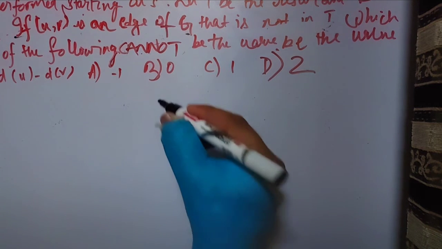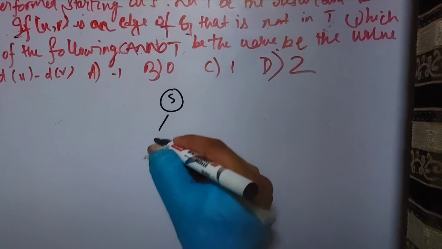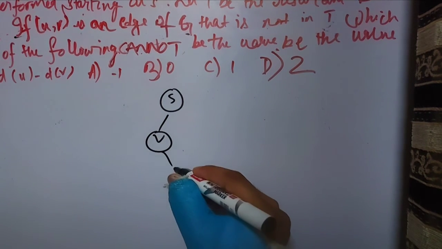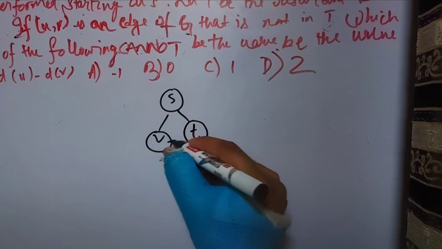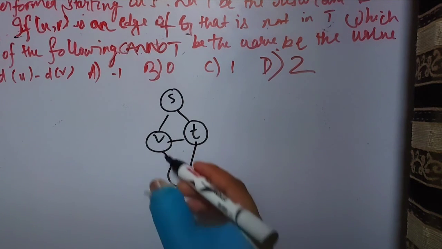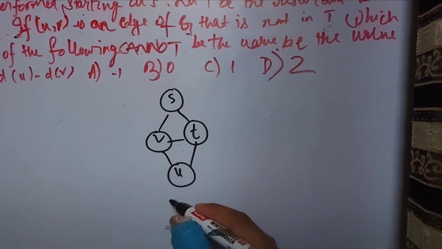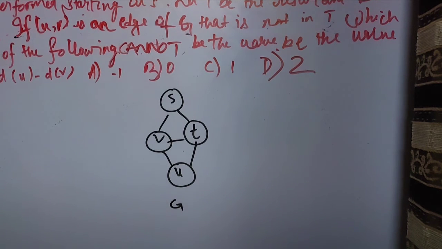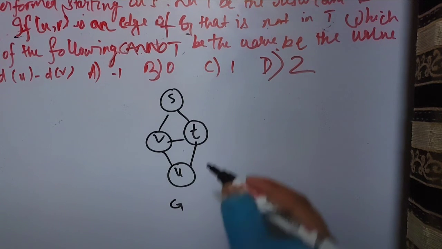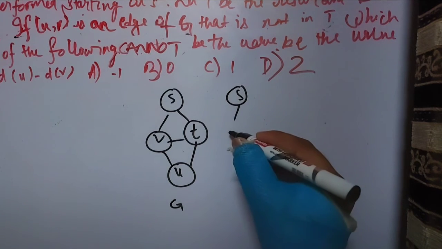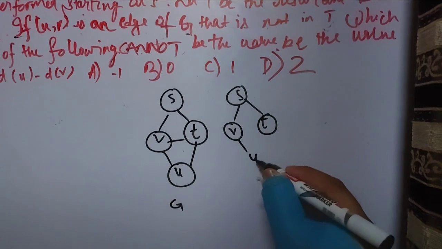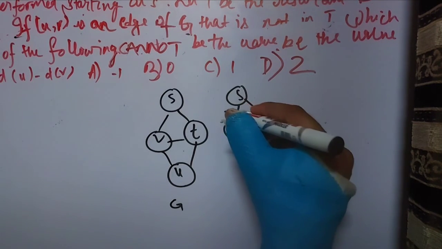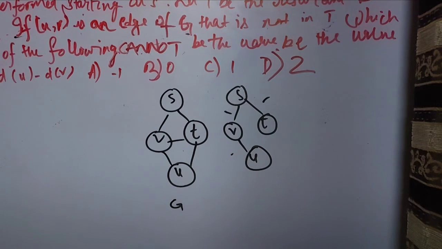Let's try out the third example. The (U, V) edge is given in the graph G, so we have considered an edge between U and V. So it's our graph G, and we will now perform BFS on this graph. So the BFS tree is as shown, with edge weights considered as 1 unit.